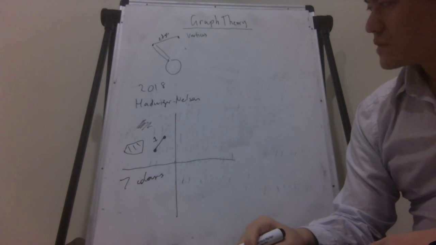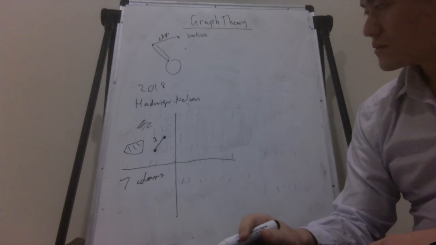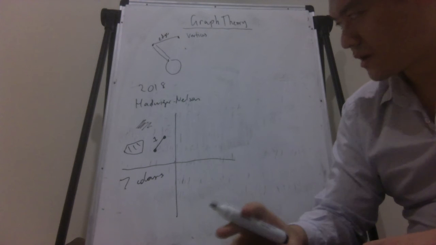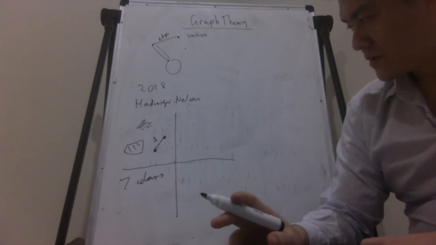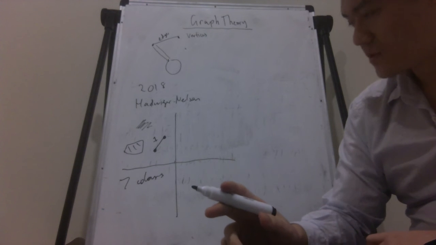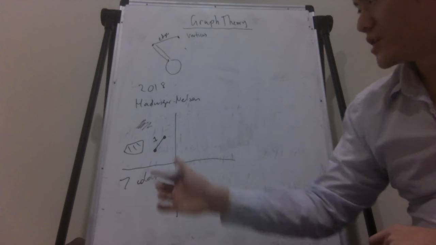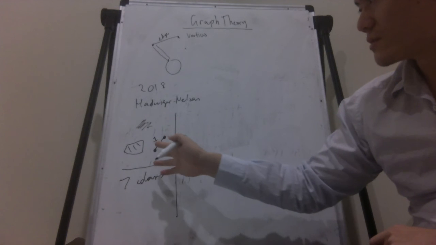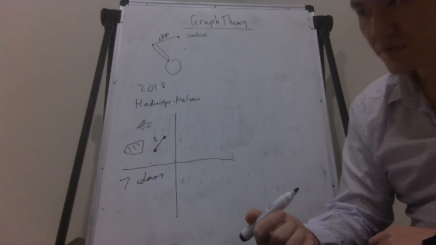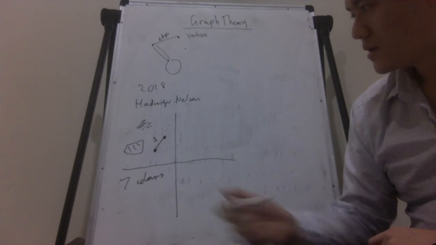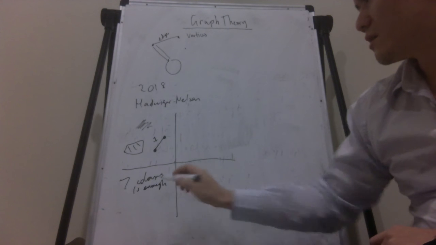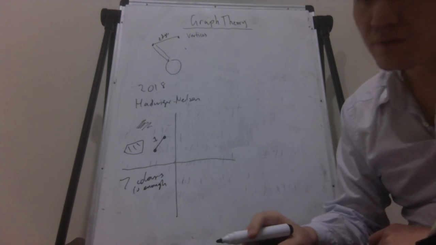I don't really want to show it to you right now, but the point is, if you tile the plane with hexagons or something like that, with 7 colors, you could achieve a tiling where any 2 points at unit distance would have different colors. Okay, so 7 colors is enough. And that's a nice little proof. Maybe I'll show you if people are interested.